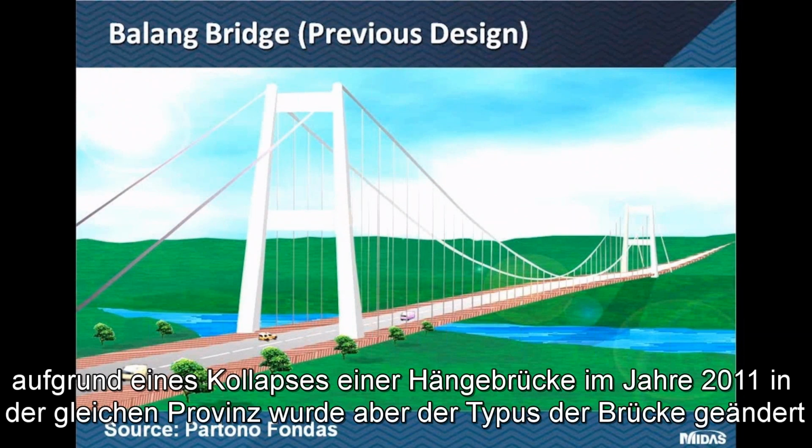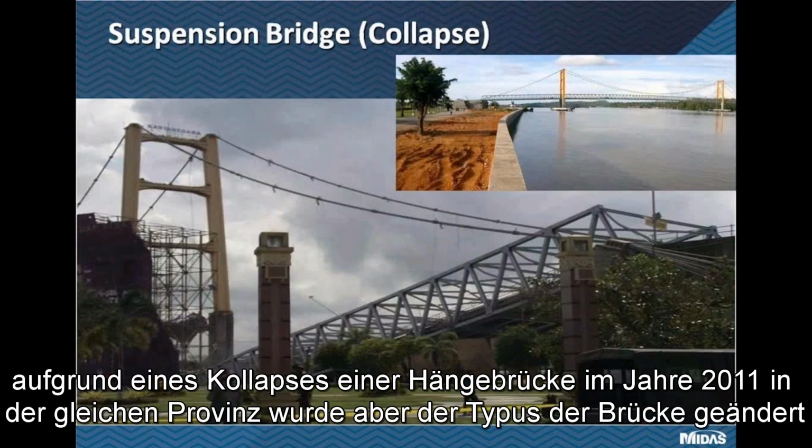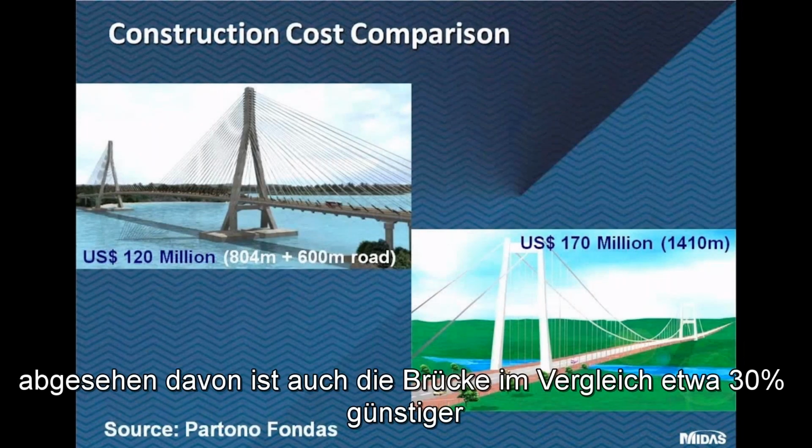But due to the collapse accident of another suspension bridge in the same province in November 2011, the local authority decided to change the former design to a cable-stayed bridge. Besides the above reason, the cost comparison also shows that the cable-stayed bridge is around 30% cheaper than the previous suspension bridge design.